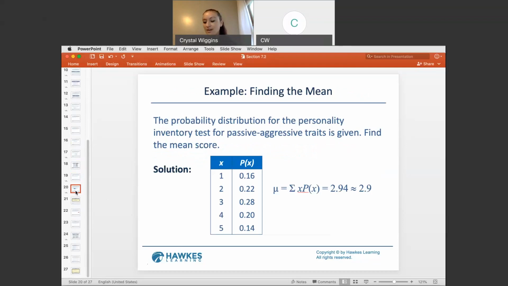So here we have our random variables 1, 2, 3, 4, and 5 with their associated probabilities of 0.16, 0.22, 0.28, 0.2, and 0.14. I believe this references back to that personality test that we talked about in a previous time.